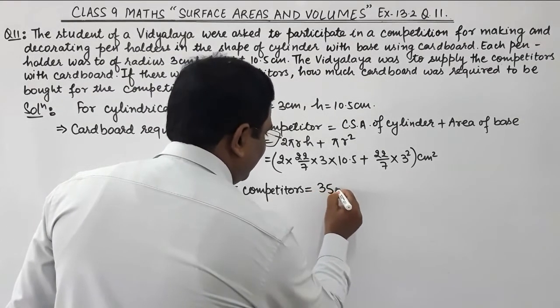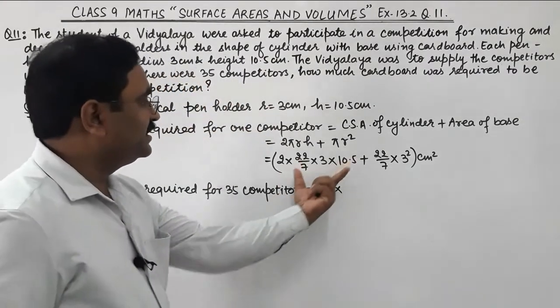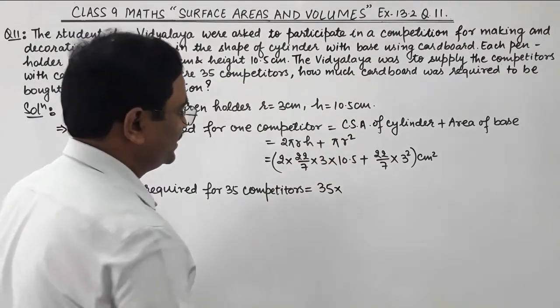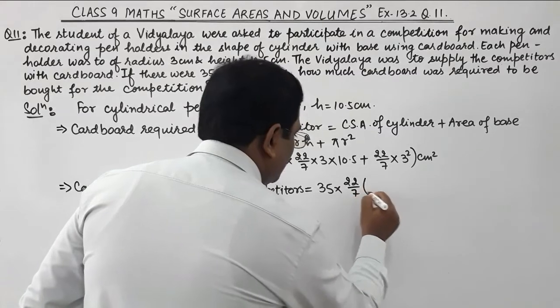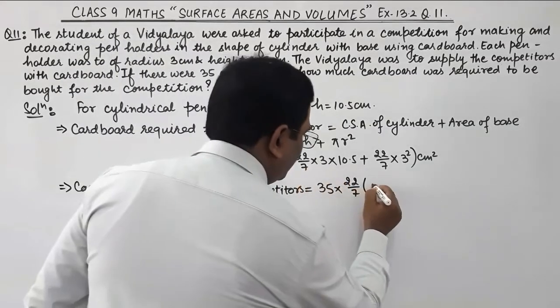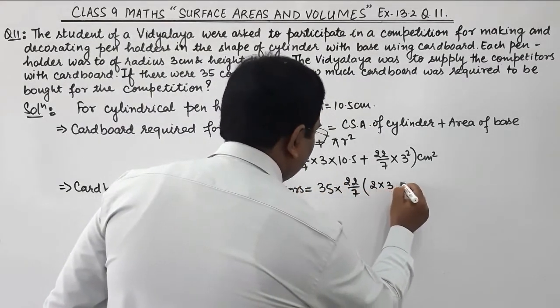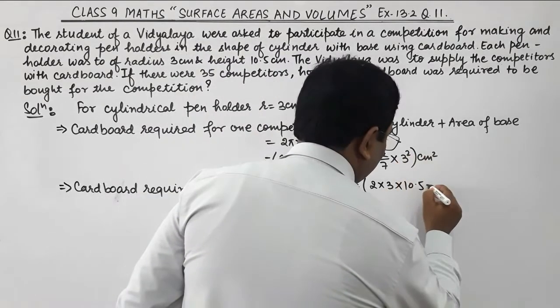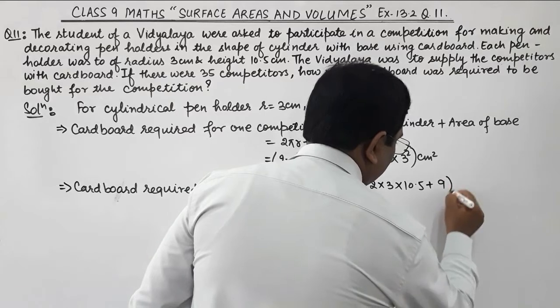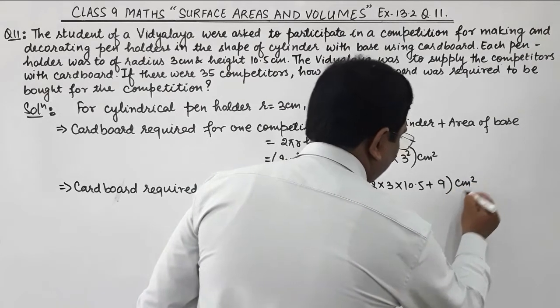Just see what is common in this. 22 upon 7 is common, so take the common 22 upon 7. The remaining is 2 into 3 into 10.5 plus 3 square, that is 9 centimeter square.